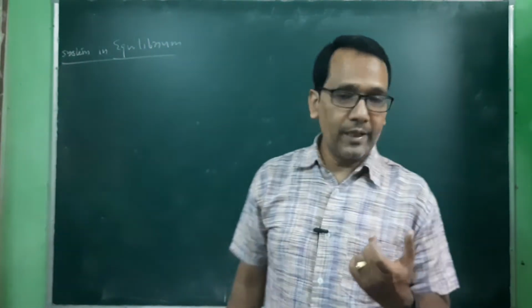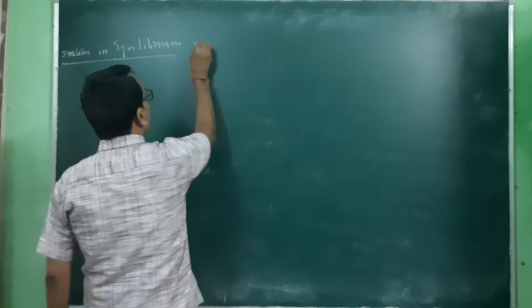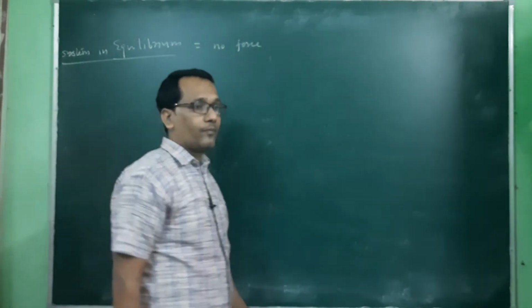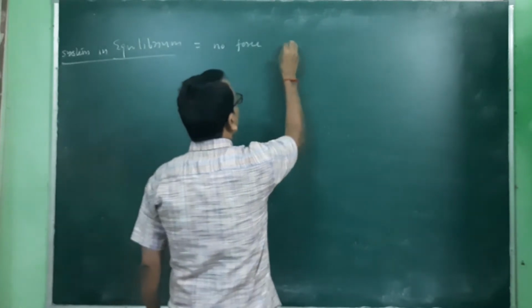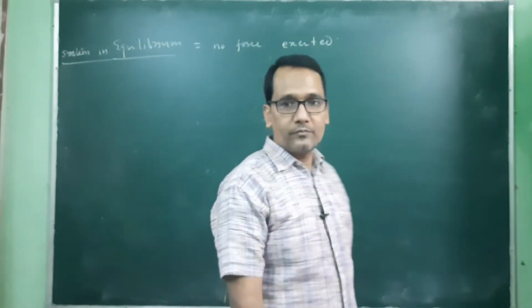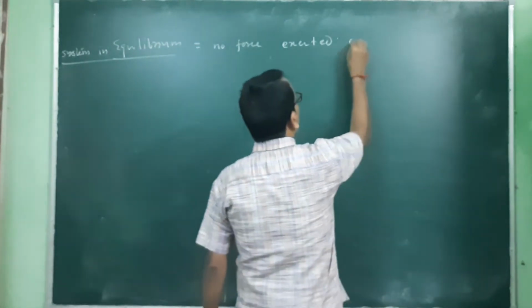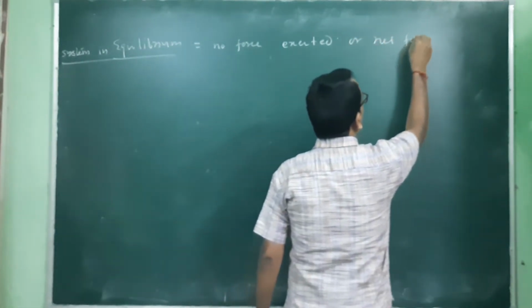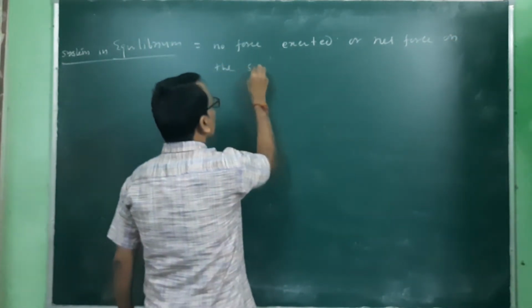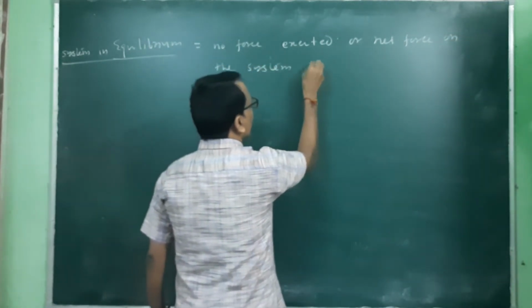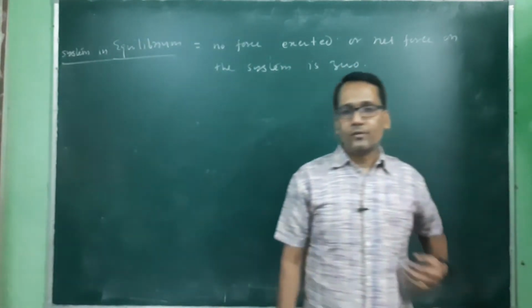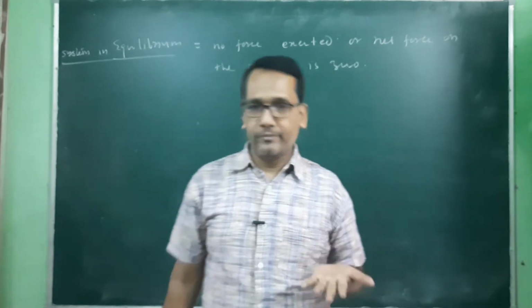If any system is in equilibrium, it means there is no force exerted. The net force, the total force on the system, is zero.